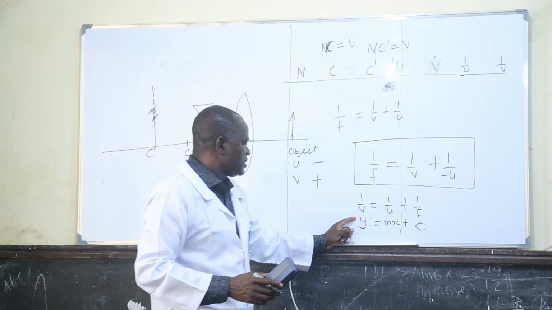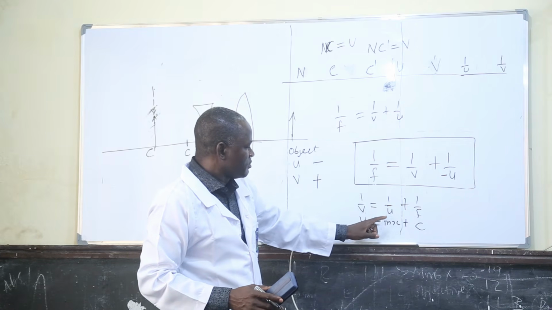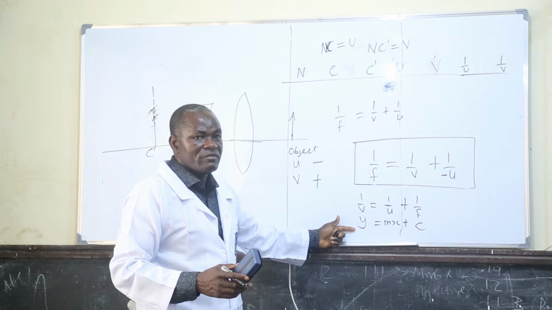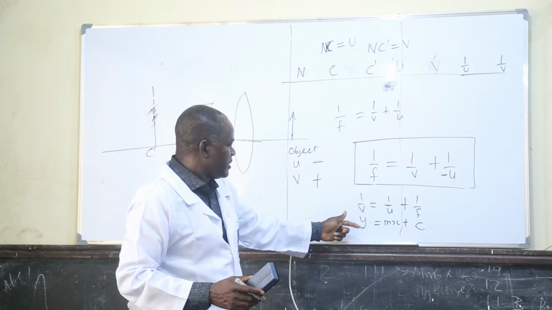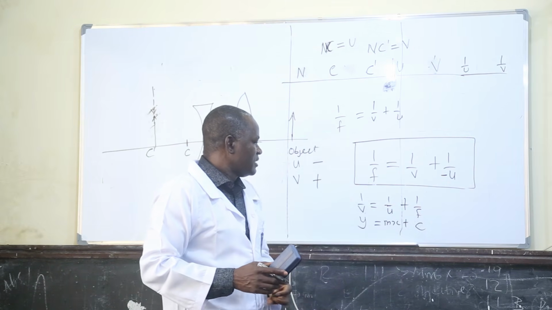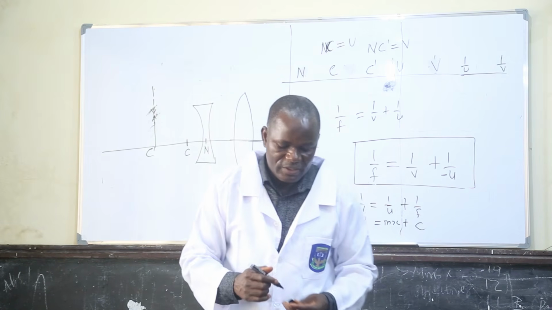So I can then plot a graph of 1/V against 1/U. And when I compare this with the equation of a straight line, then the intercept is still 1/f. So from that intercept, I can determine the focal length of the lens.